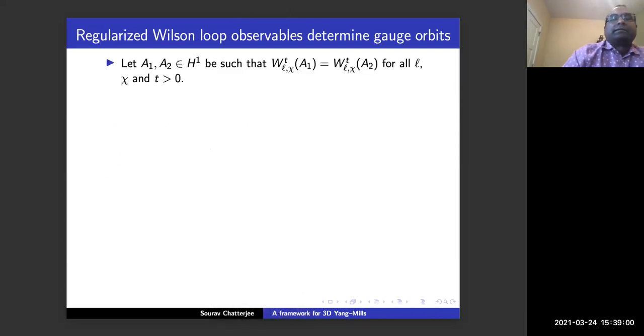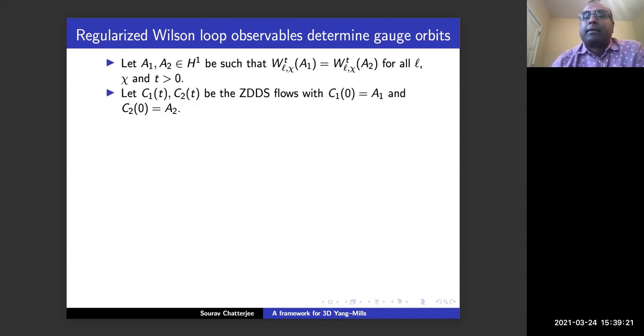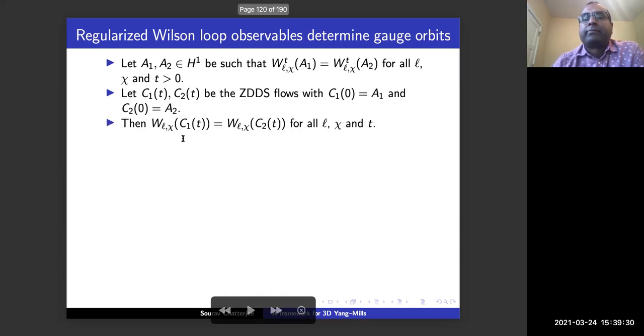Okay. So one of the main things is that regularized Wilson loop observables define gauge orbits. One of the things that we prove in the paper is this. Let A1, A2 be in H1 such that all regularized Wilson loop observables are the same for A1 and A2, for all L, chi, and T. Now, let C1 and C2 be the ZDDS flows with starting conditions C1,0 being A1 and C2,0 being A2.